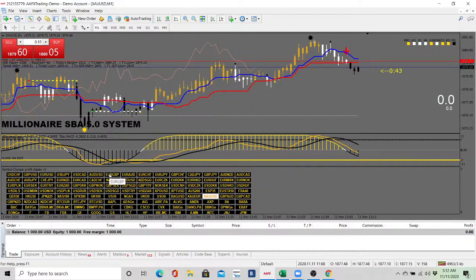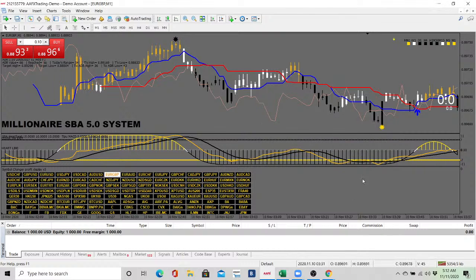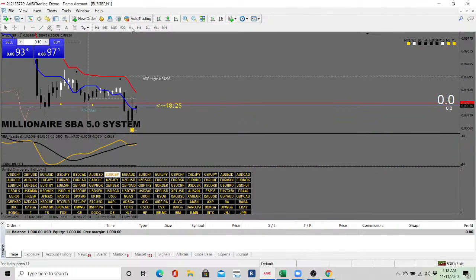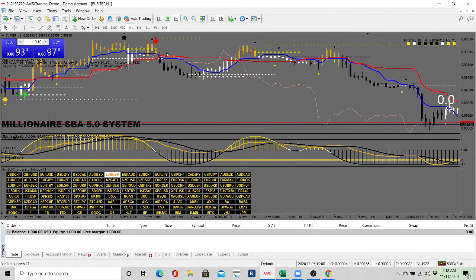Let me go to Euro GBP real quick. On the 1 hour, selling, star bar arrow, and sold down.